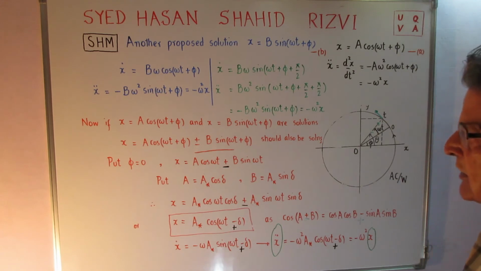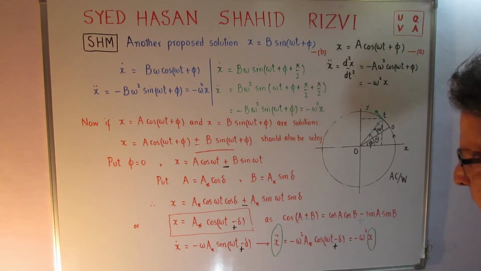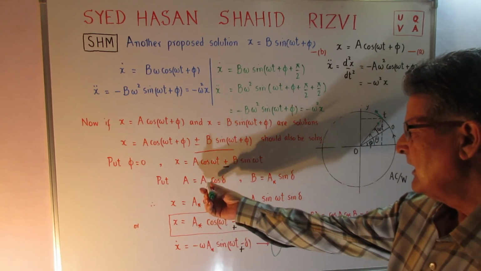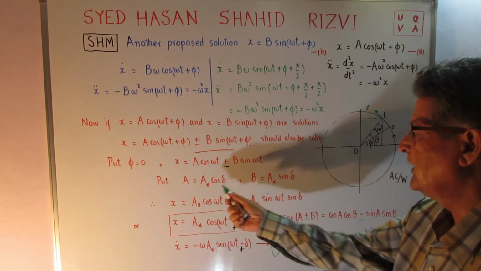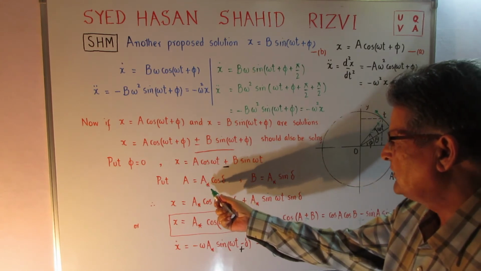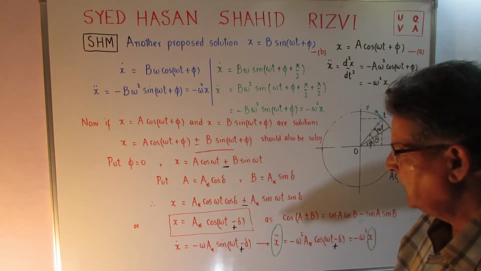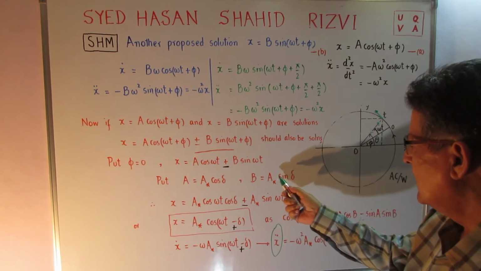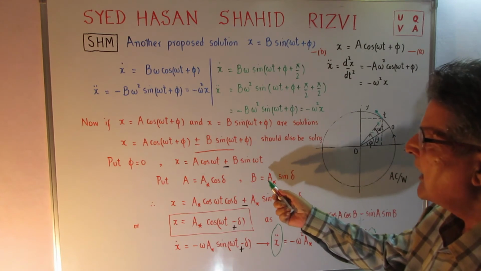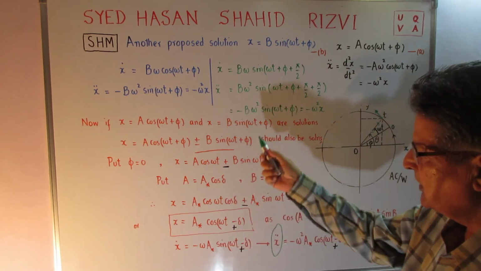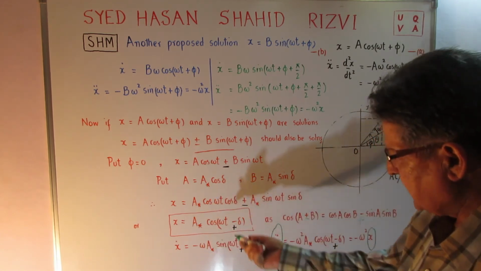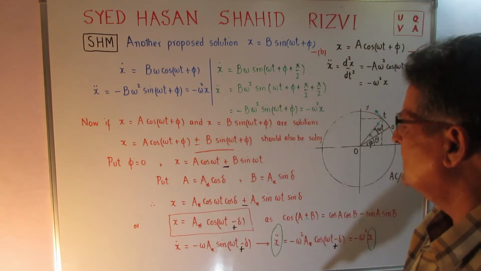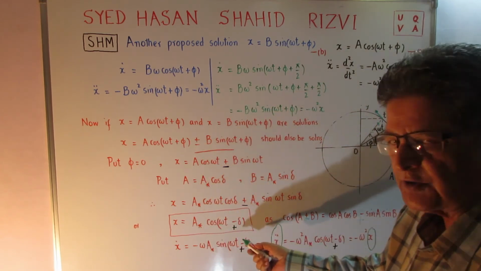So this is the crux of the matter, and in the next slide I will show you that instead of taking a star cos of delta as a, I can take this as a star sine of delta, and a star cos of delta here, and when we substitute in these results, we'll obtain a solution where I can propose x is equal to a star, or any value, constant no matter what it is, sine of omega t plus minus delta.